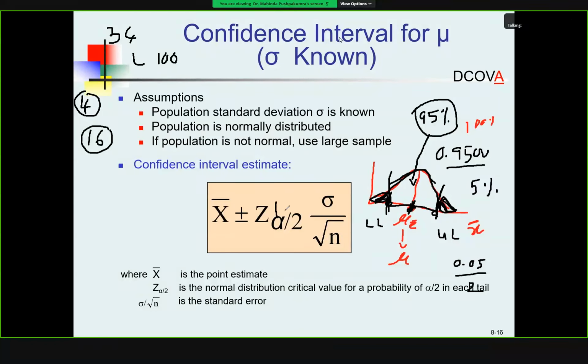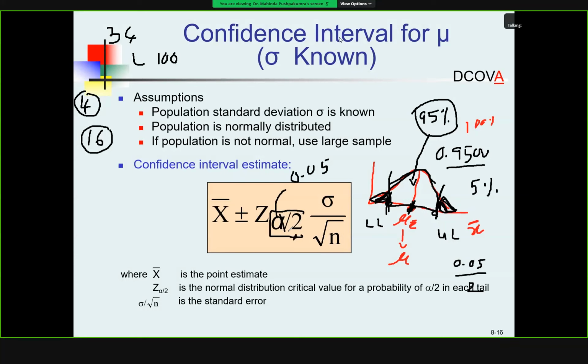Here alpha is 0.05. If you use 95%, the middle area is 95%. The two tails should be 5%. Then we divide into two tails. That's why we divide by 2. This area is the level of significance, 5%.